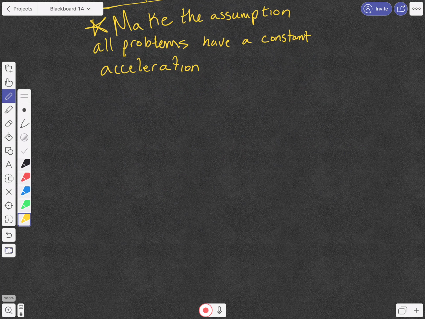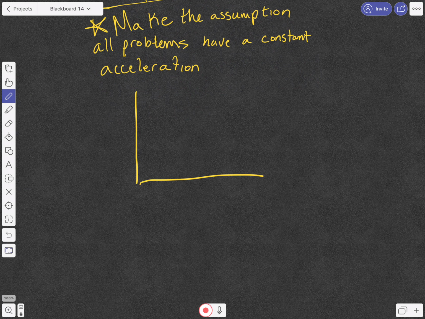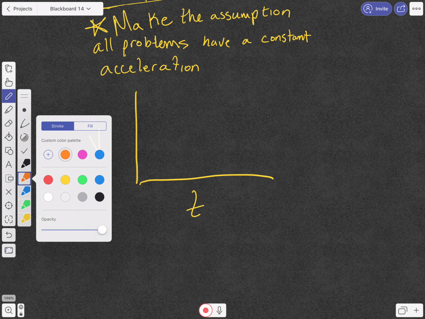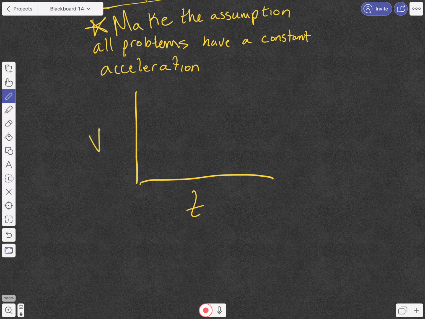So now if you recall, we have our velocity and time graph. If we have a velocity and time, our slope here is going to be our acceleration.